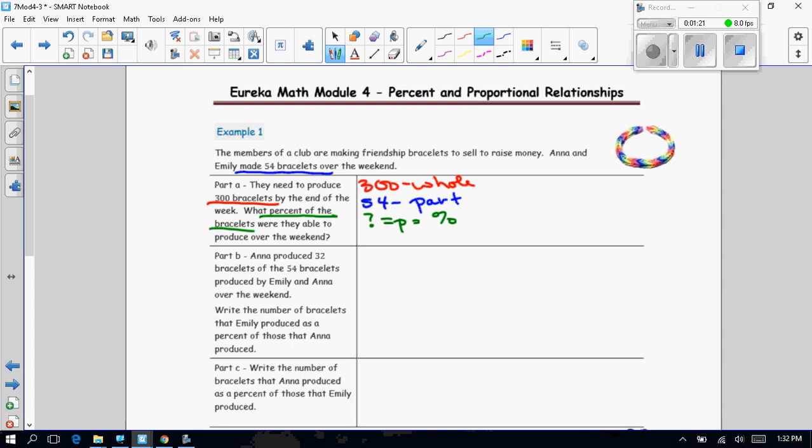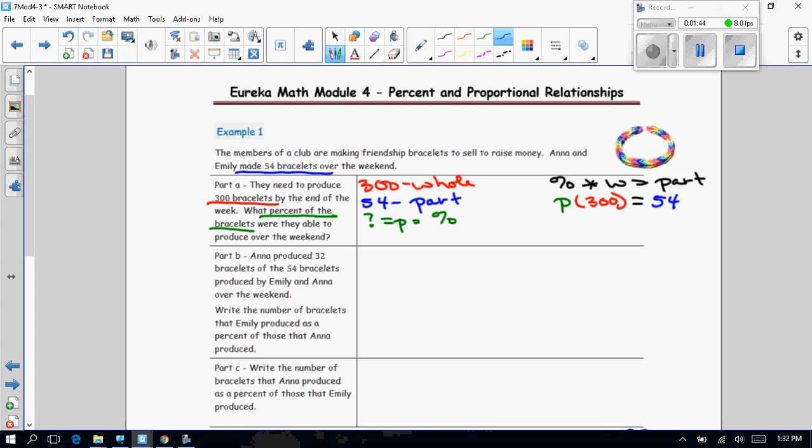And we can use the formula that we were using in Lesson 2: percent times whole equals part. So drop in the pieces that we have. I don't know the percent, so I'm going to use the letter P times the whole, which we know is 300, and that is going to equal the part, which in this case is 54.